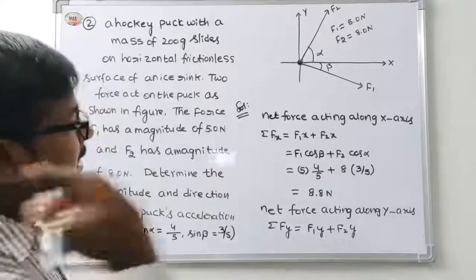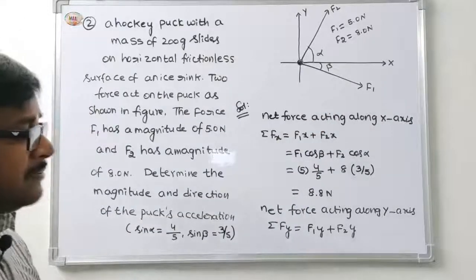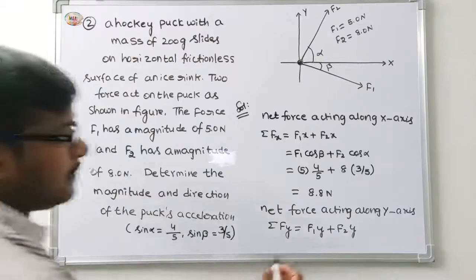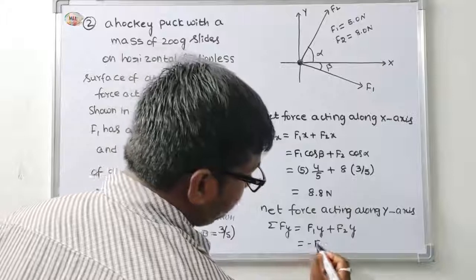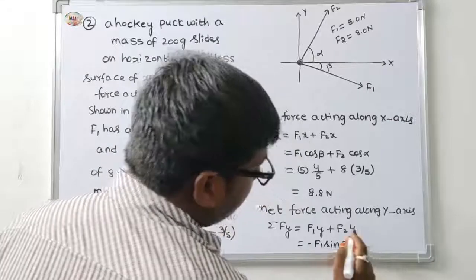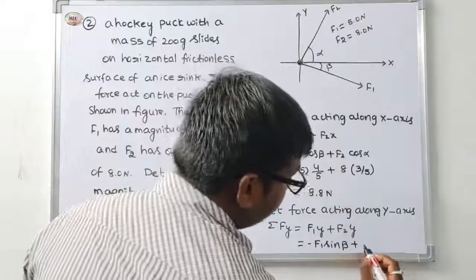F1y is along the negative axis, so minus F1 sin beta, plus F2 into sin alpha.